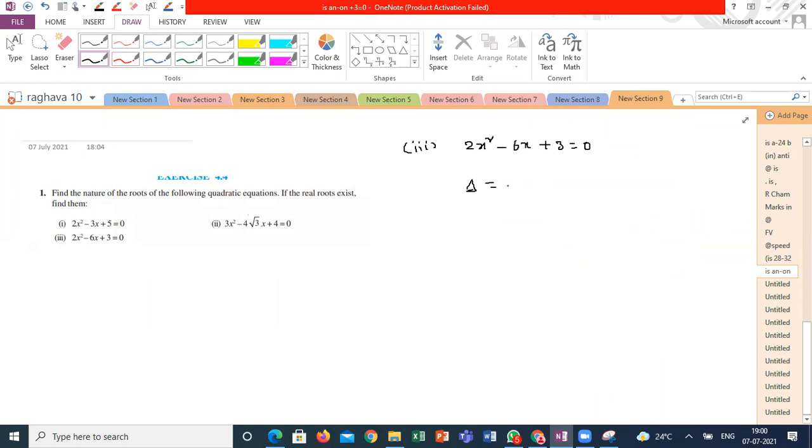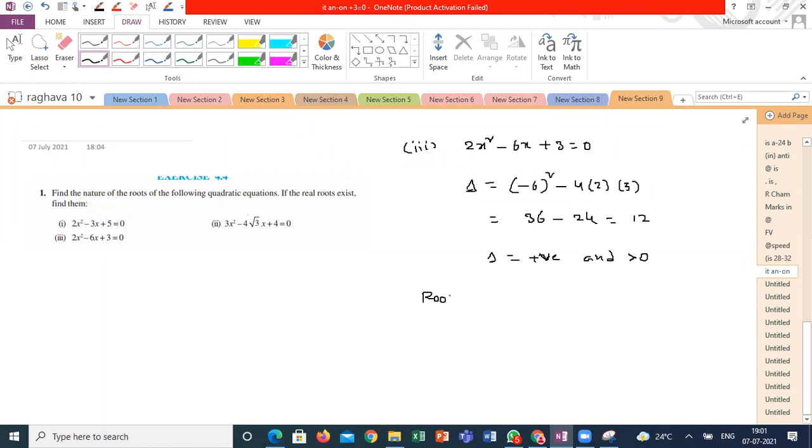What is the delta value, guys, here? 36 minus 24. What is the answer? 12, sir. 12. So delta is positive, greater than 0.